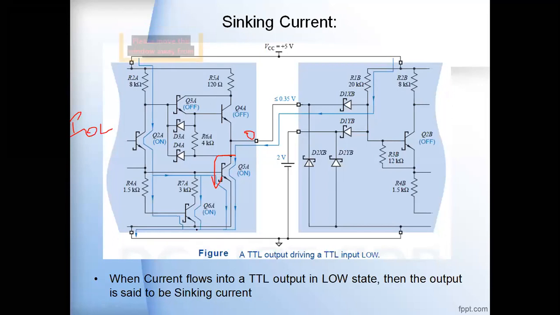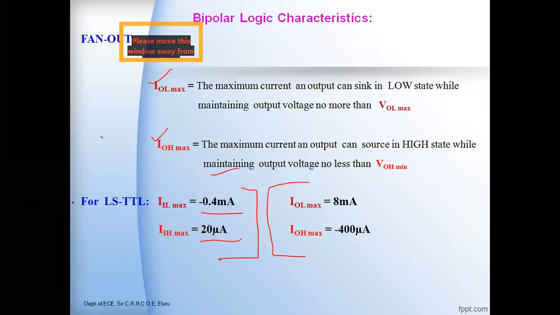The current is flowing into the output gate without disturbing the voltage of VOL. So here you can see the maximum current an output can sink in the low state while maintaining the output voltage not more than VOL maximum.